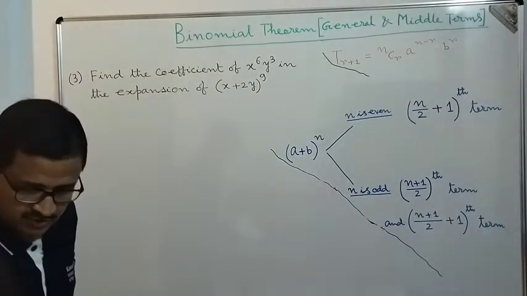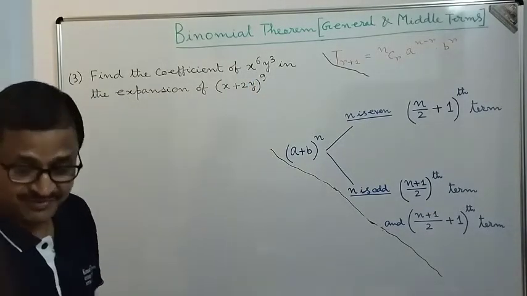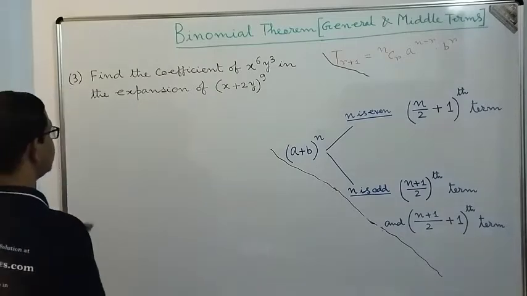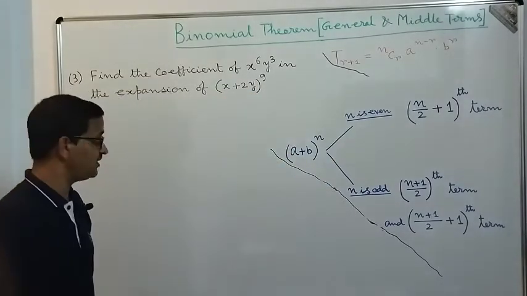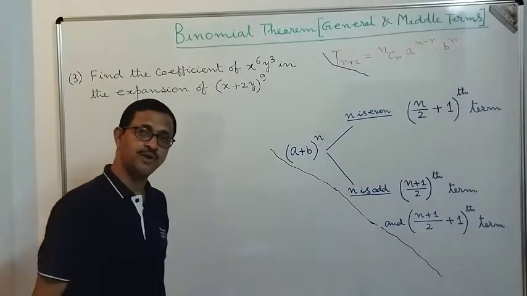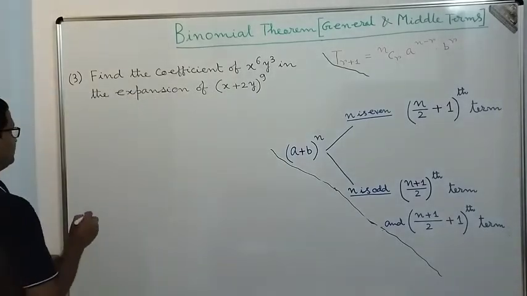Okay. So let's see how to approach this type of question. So we need to find the coefficient of x to the power 6 into y to the power 3 in the expansion of x plus 2y power 9. Let's see how to do this.